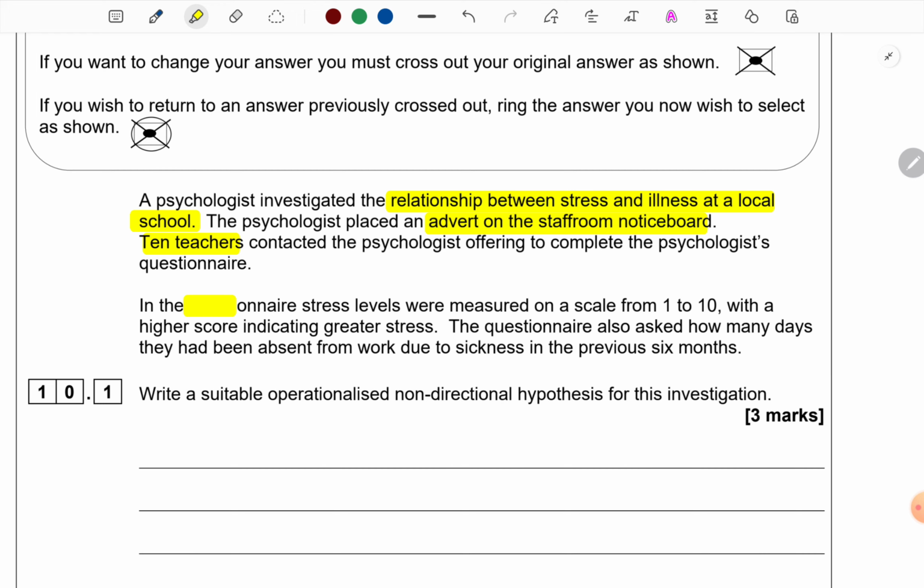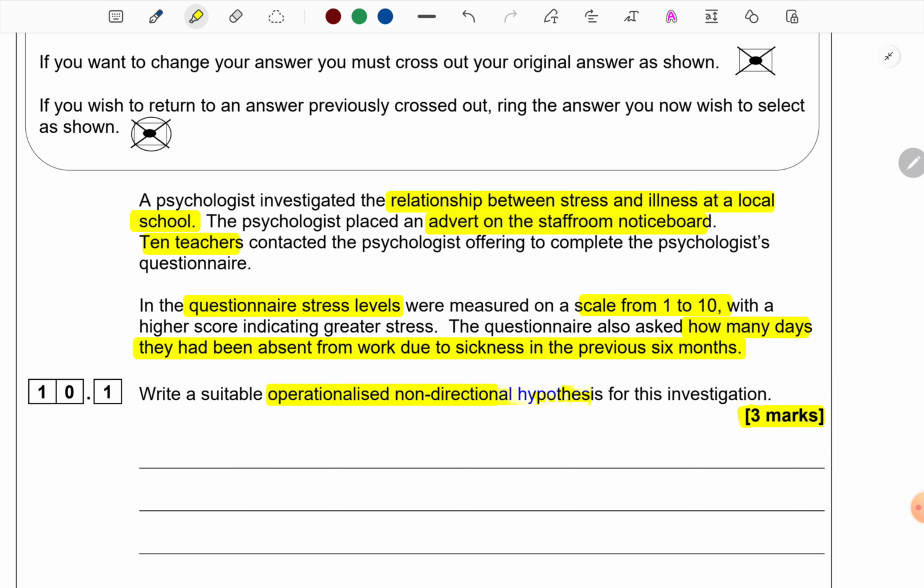In the questionnaire, stress levels were measured on a scale from 1 to 10 with a higher score indicating greater stress. The questionnaire also asked how many days they had been absent from work due to sickness in the previous 6 months. Now, the question they've asked us is write a suitable operationalized non-directional hypothesis for this investigation.